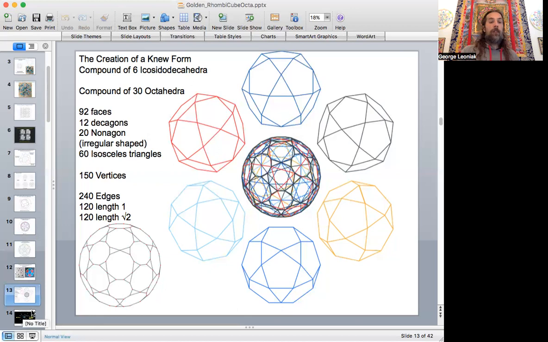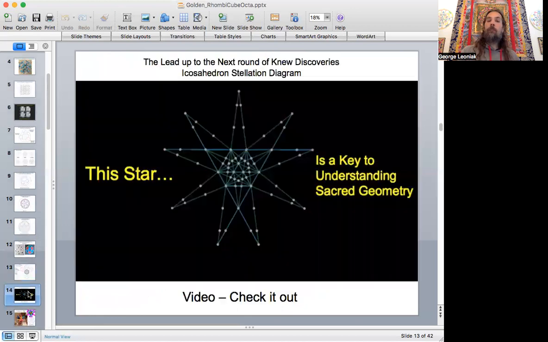So let's just talk briefly about the Coxeter's star. This is a video you might want to see that I did a while ago about it. This star is a key to understanding sacred geometry because this star is a flat plane, and it's easy to draw in sacred geometry that I discovered, and I'll talk about that at the end of the video.